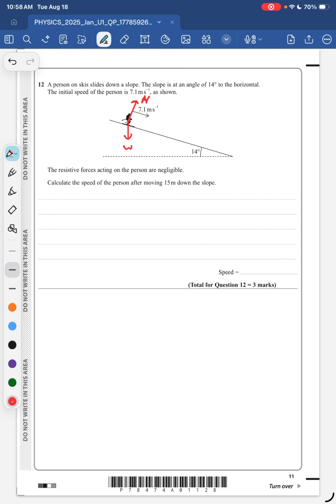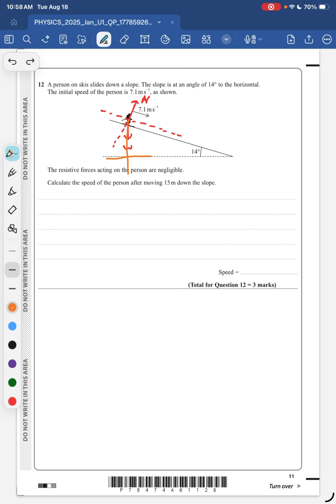All right, so we can analyze the weight into a component that is along the motion and a perpendicular component. The way I always explain how to find the angle: this side is perpendicular to this side, and this side is perpendicular to this side. The inscribed angle is 14, therefore this angle is 14 as well.